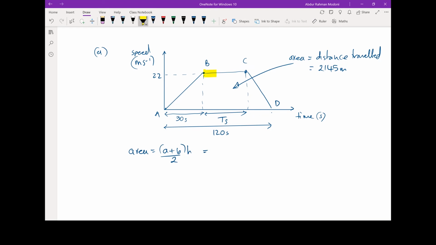The two parallel sides are t seconds plus that whole length, which is 120, divided by 2, times the distance between the two parallel sides, which is 22. This then simplifies, and we know this area is 2,145, so 2,145 is equal to t plus 120, and 22 divided by 2 gets us 11.